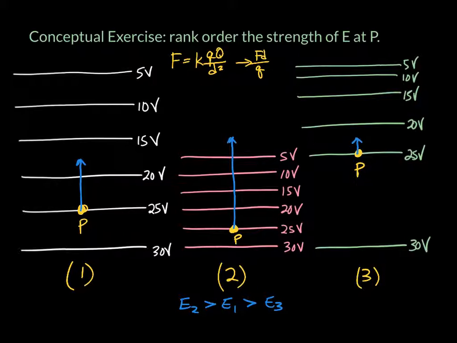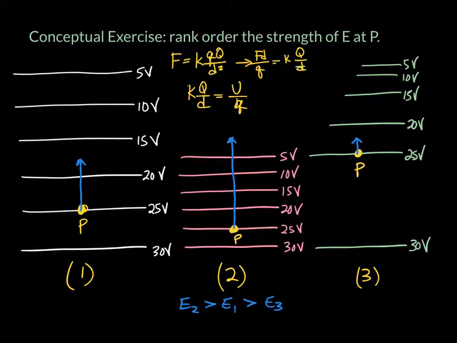If I do work per unit charge, I get KQ per D. And of course, KQ per D is going to be the potential per Q, which is voltage, which is the same as electric field times distance.